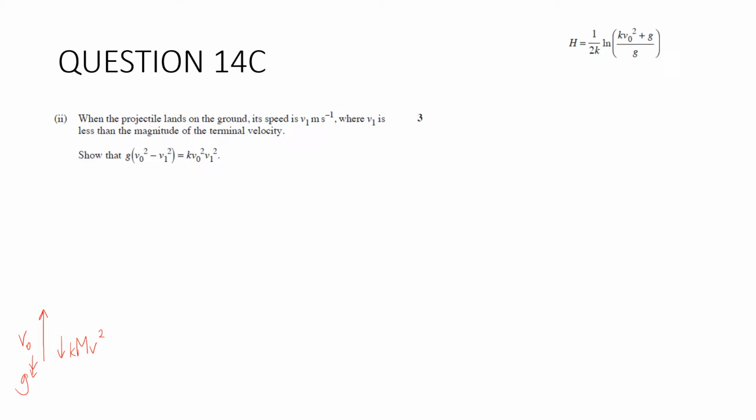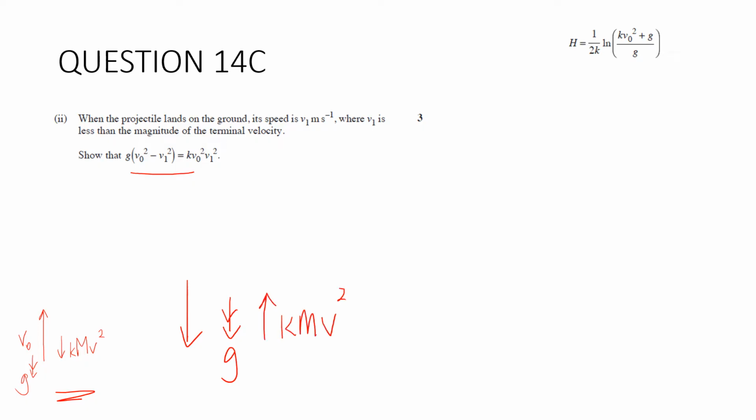Part 2. When the projectile lands on the ground, its speed is v1 meters per second. v1 is less than the magnitude of the terminal velocity. Show this. So this was the model for the projectile when it was going up. When it's coming down, it is going with gravity, but it still is against that air resistance, mv squared.